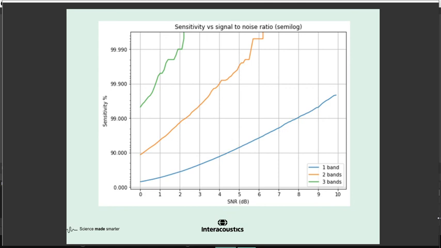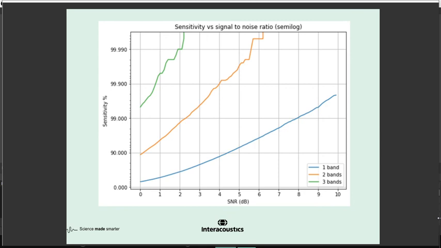So the blue line is the sensitivity of the equipment with a 1-band pass. If you look along that blue line at the 4 decibel signal to noise ratio, you'll see it's around 90% sensitivity. So for every 10 hearing impaired children, one of them would pass the test, and that's not good enough. So we would need to increase the signal to noise ratio for a 1-band pass.